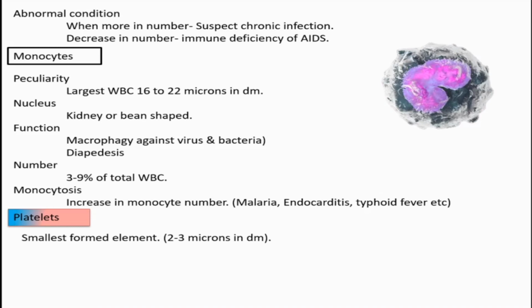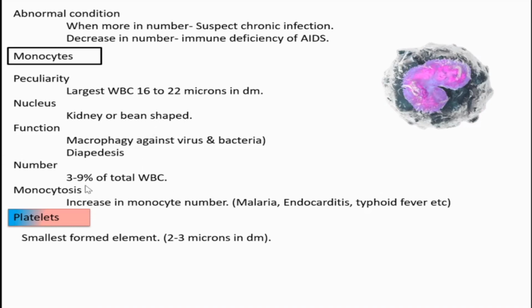It is the ability of monocyte cells to leave the bloodstream and to become a macrophage. Macrophage means to engulf foreign particles and destroy them. That property of the monocyte to leave the bloodstream and become a macrophage is called diapedesis.